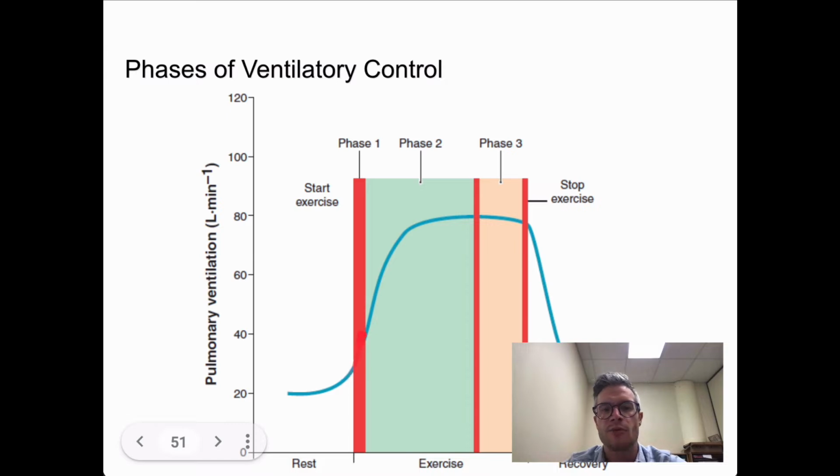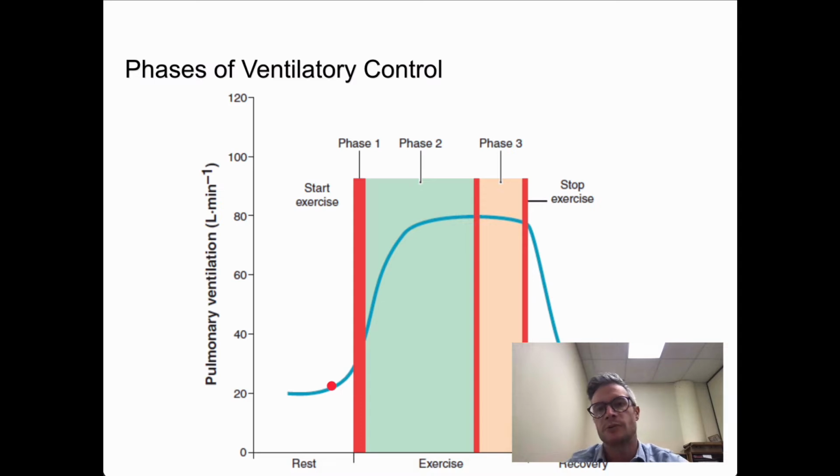Just as we start exercising, we'll notice an increase in our respiratory rate. This is part of our psychomotor drive to ventilate. If we just start thinking about exercise, our motor cortex and different parts of our higher levels of thinking will start increasing our respiratory rate a little bit.